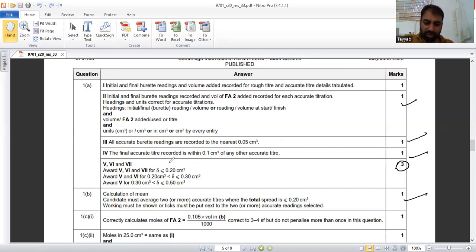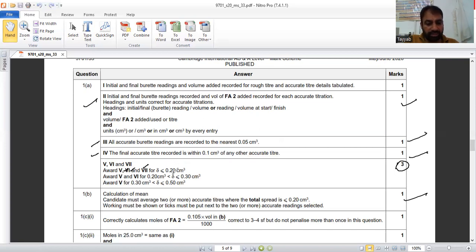If you are very confident and accurate in your precision, it may be concordant with your examiner. But these are very important things which you have to do. If your readings award the 5th, 6th, and 7th marks, these numbers will be given in your question paper.